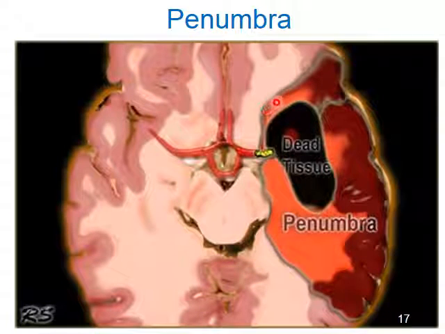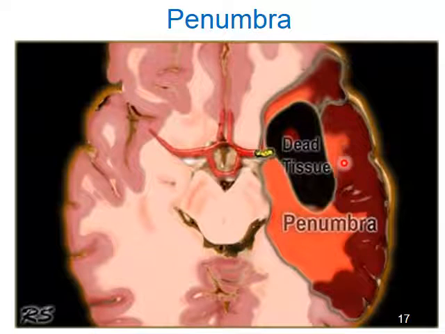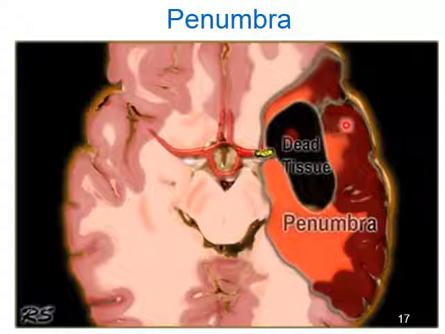What we are trying to do is save all this area here. All this area that has reduced blood flow is called the penumbra. It is what we are trying to save. As time goes on, this area of dead tissue, or this core where you had 100% blockage, can expand and get bigger and bigger and bigger as time goes on.